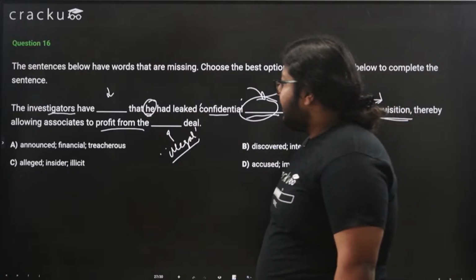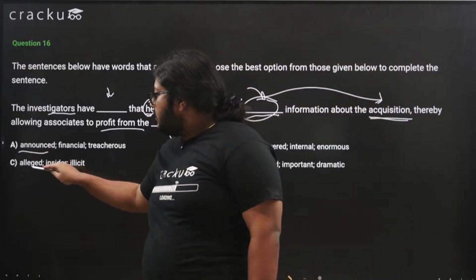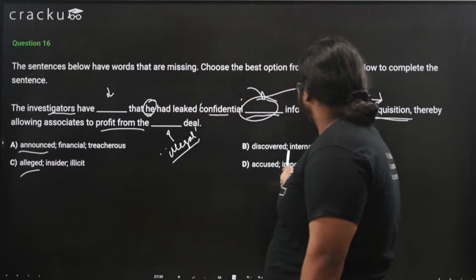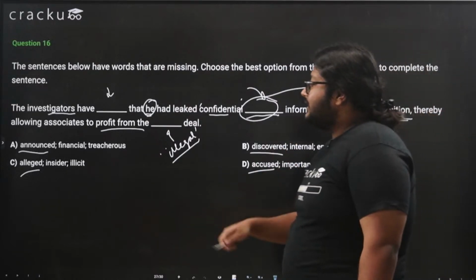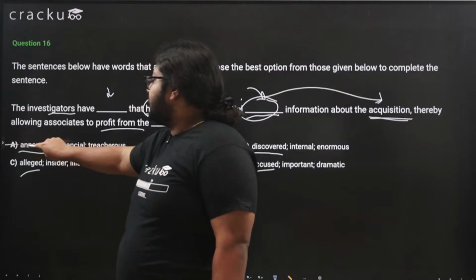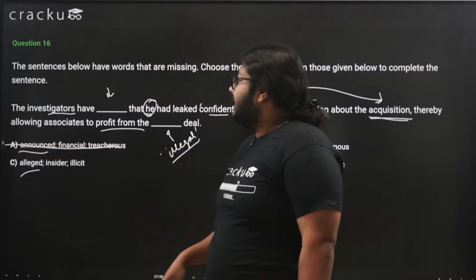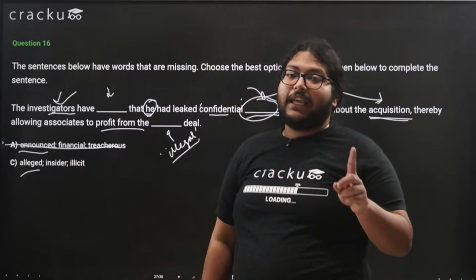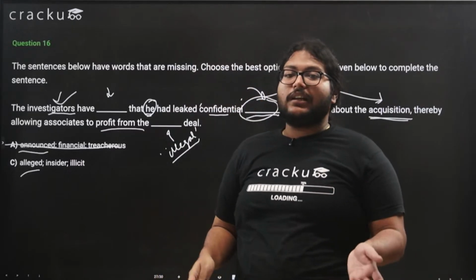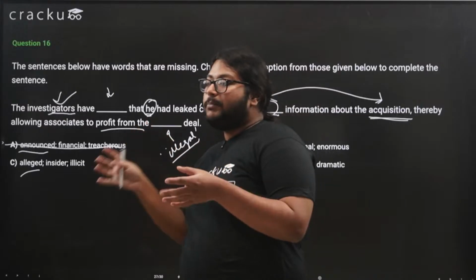For the first blank, we have announced, alleged, discovered and accused. Okay, first things first, announced is rejected. Investigators do not announce, they can blame. Announcing is something that is done by people of authority.